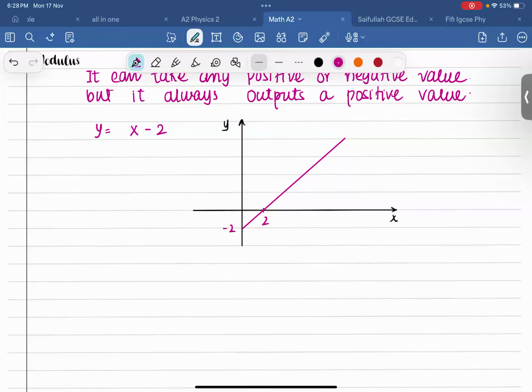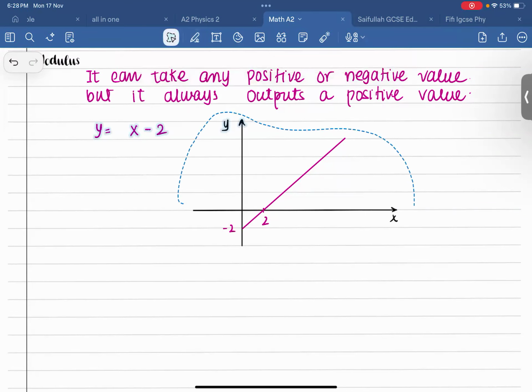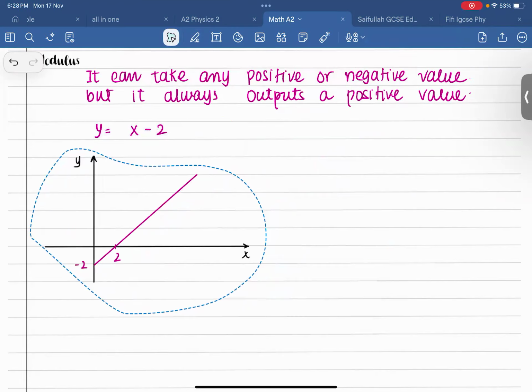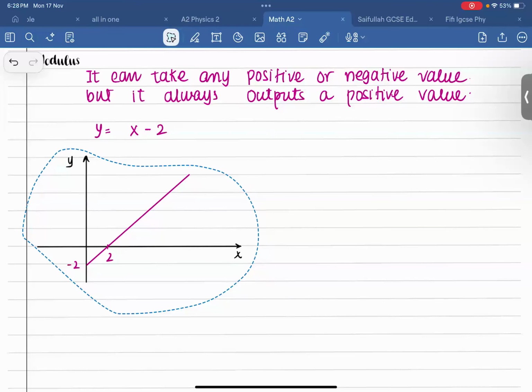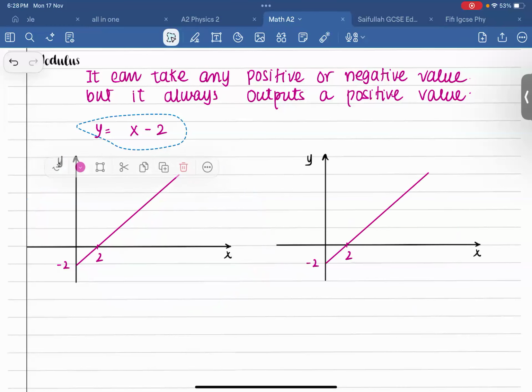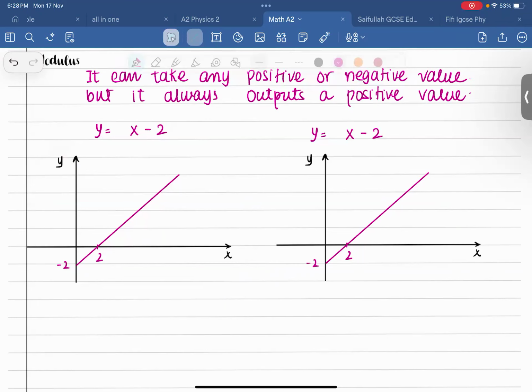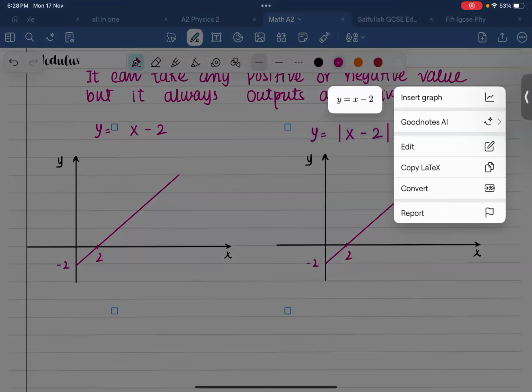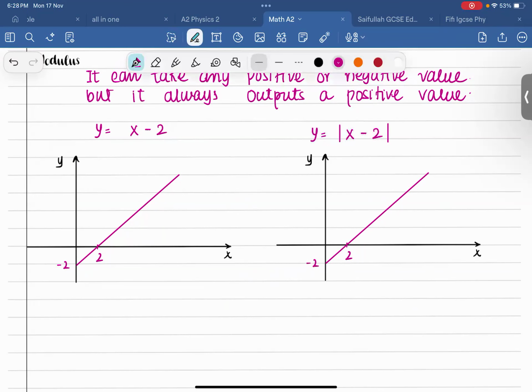But if you apply the modulus on the same function, it will look different. Modulus is always represented by two vertical lines at the beginning and at the end of the expression, right?